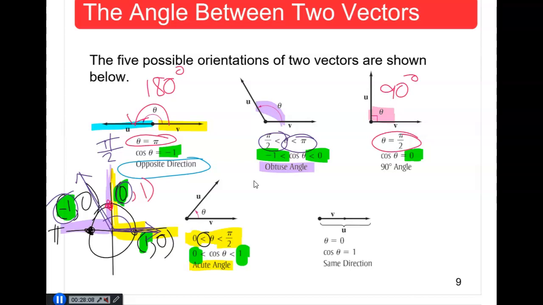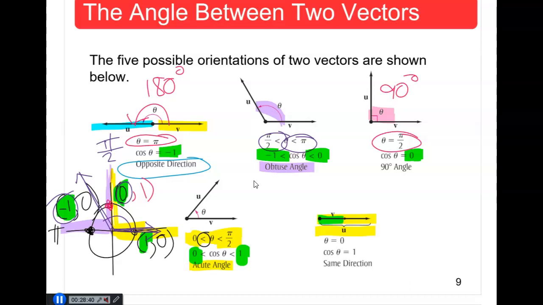And then finally, we have here two vectors that are going in the same direction. One of those is vector v, right here, and the other one is the whole line, or vector u, which you could see how v is like embedded into u. They're overlapping.